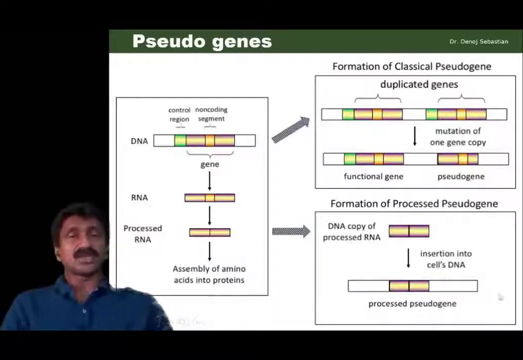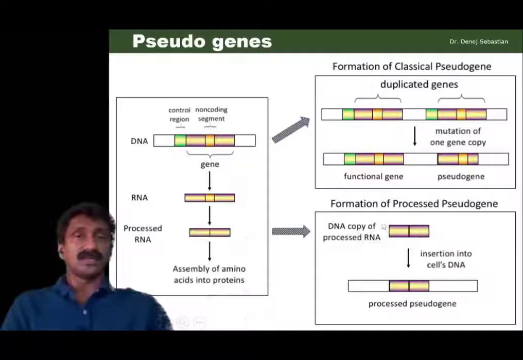And the second mechanism is reported to be the formation of pseudogenes from processed genes. Processed gene means, in the case of the normal gene, the RNA is expressed, it is processed and the intron or intervening regions are removed in the processed RNA. And a reverse transcription event of this processed RNA will result in production of a DNA copy of the corresponding processed gene.